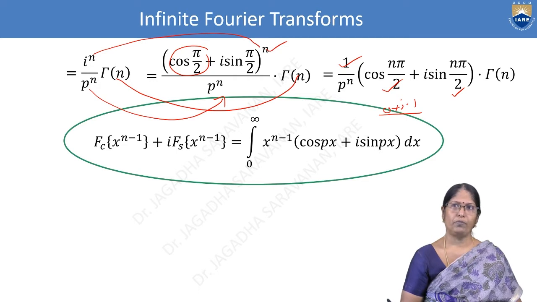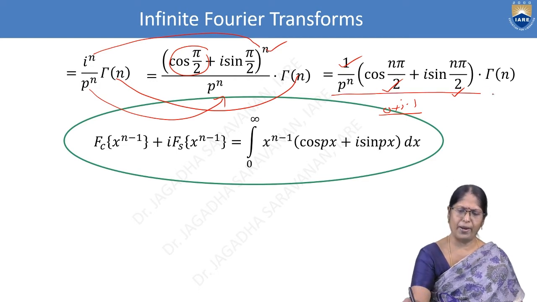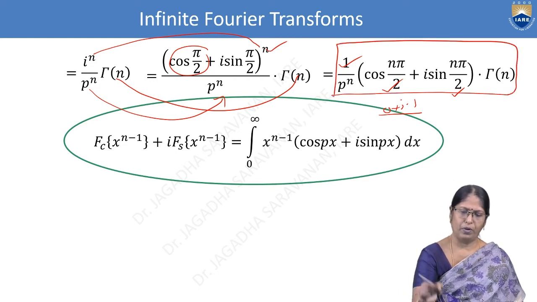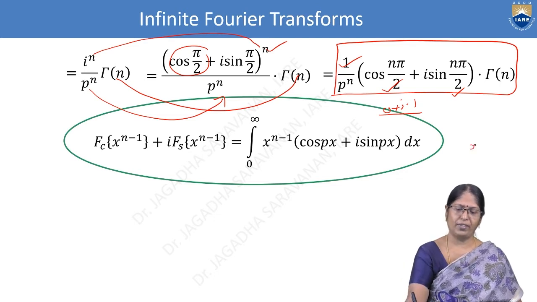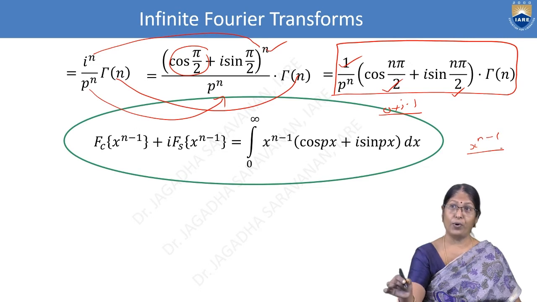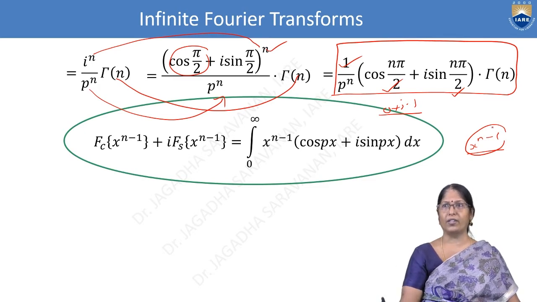Now, this completely, we got the integration. So far, what we have done: the question is x power n minus 1. Find the Fourier sine and cosine transform for this function, x power n minus 1.